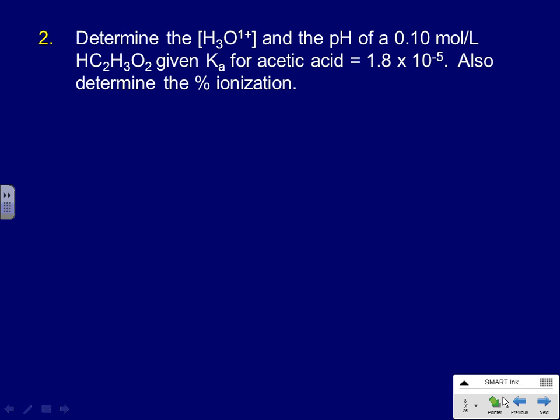If you see 0.1 and then you've got a K of 10 to the negative 5, that means you've got 10 to the negative 5 on the bottom, 10 to the negative 1 on the top. You've got thousands. You're into the thousands for the approximation. So this is weak. So when you get to the 10 to the negative 2 and 10 to the negative 3 in the Ks, when you've got to start worrying about it, you might have to do a full ice table.